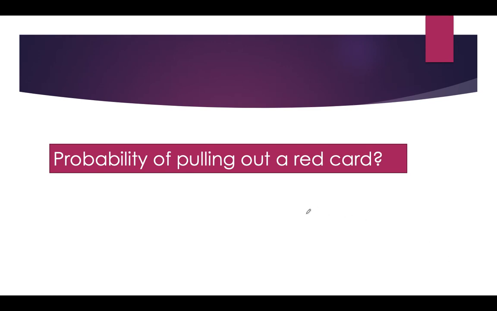If we want to know, so going back to our deck of cards, what are the chances you pull out a red card? So there are 13 hearts in a deck that are red. There are 13 diamonds in a deck that are red. And then clubs and spades are both black. So 13 plus 13, that gives us 26 cards in total that we're interested in.